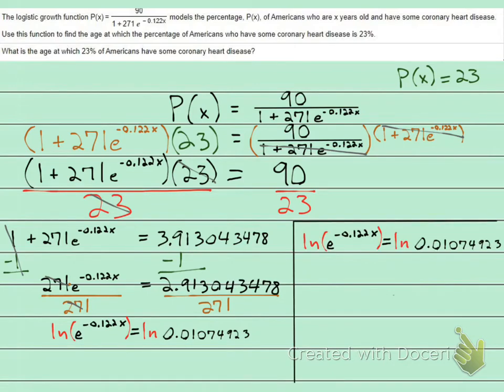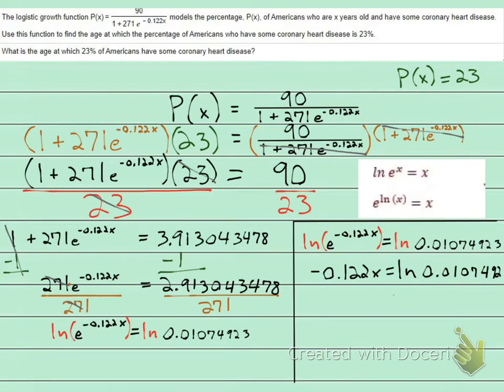This is one of those properties where the natural log of e to the power of anything is that anything. So the left-hand side is negative 0.122x, and it equals the natural log of 0.0107492.